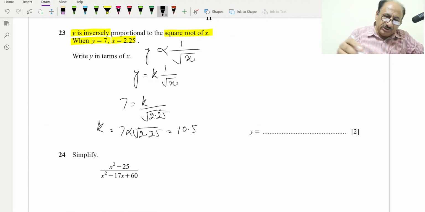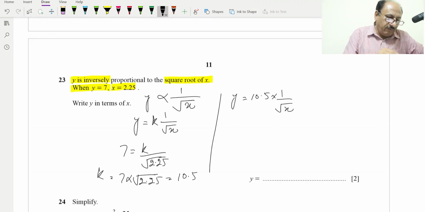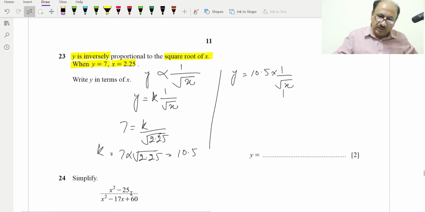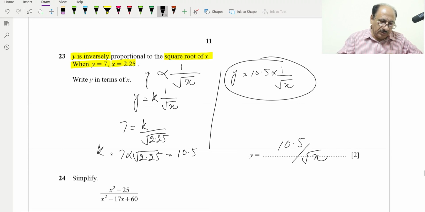Now our equation will become y is equal to 10.5 times 1 over the square root of x. This one is the required answer, which we got: y equals 10.5 over the square root of x. This will be the answer.